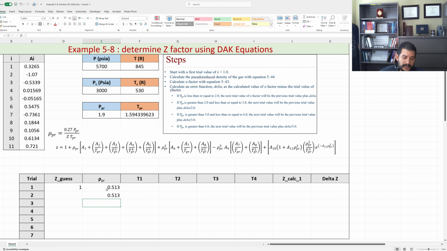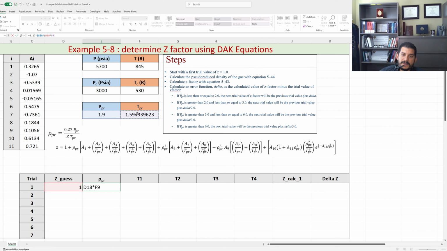So I go back to continue the equation. It says 0.27 times the PPR, which I had to lock, divided by, open parentheses for the lower part, the z factor. So I take the guessed z from here, I'll select the 1. I don't have to lock this one because in the next iteration I need it to be updated, times TPR.